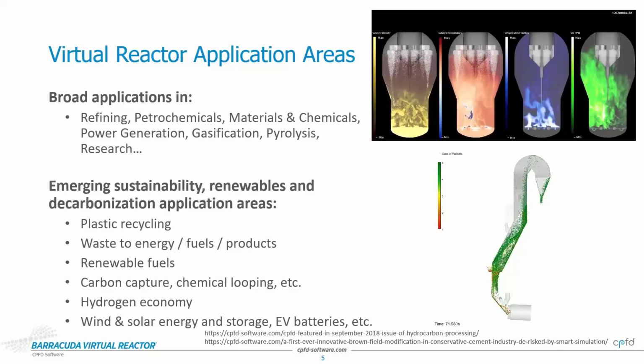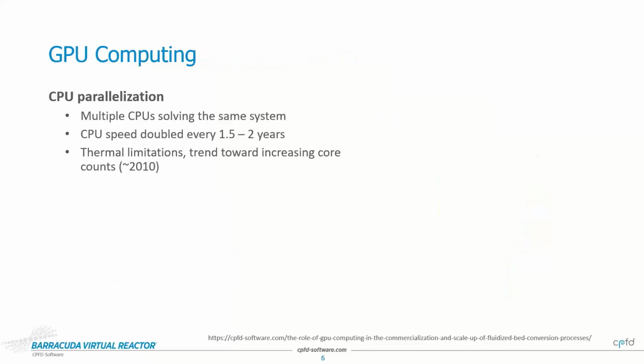This is a fast growing area for Barracuda Virtual Reactor, and one I'm personally extremely excited about. Now, with this technology, virtual reactor modeling, the full 3D transient dynamics, reactions, all of this at full scale, how do we do it fast enough to make it meaningful?